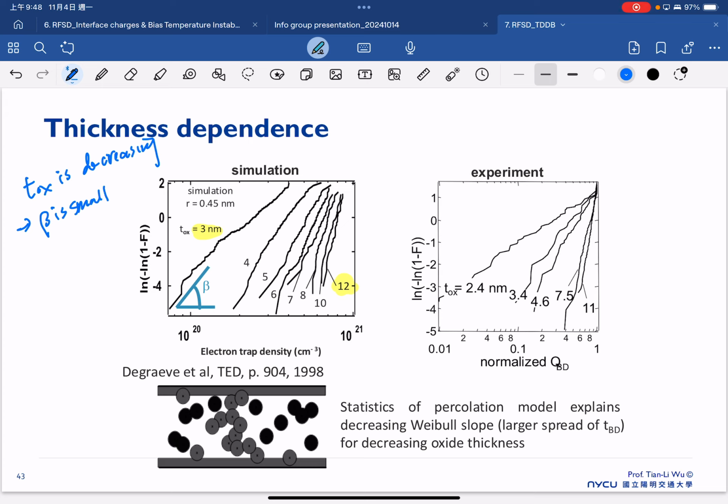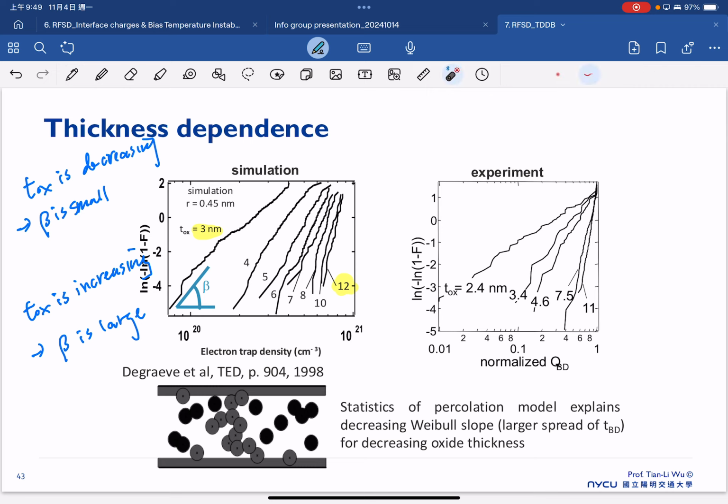And if our oxide thickness increases, we have a larger beta as well. This is also related to how many traps are needed to form the percolation path. As we all know, beta is a way to quantify the statistical distribution of the time to breakdown.